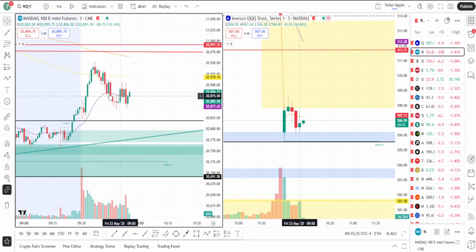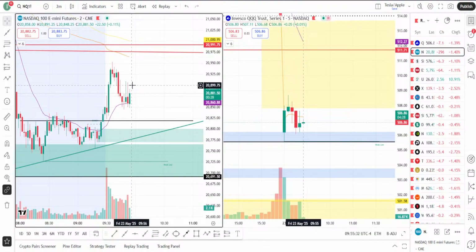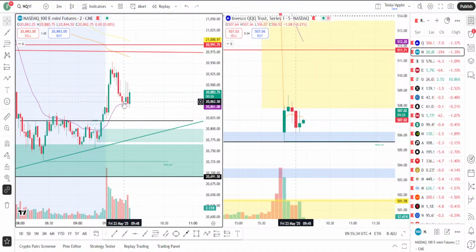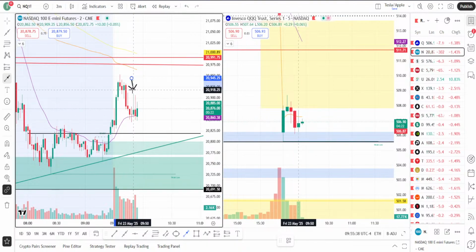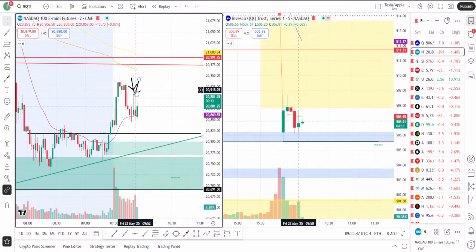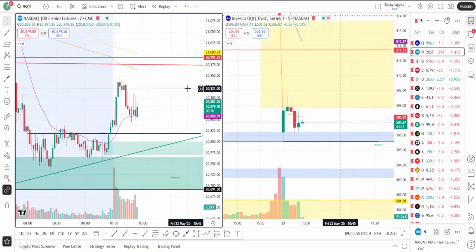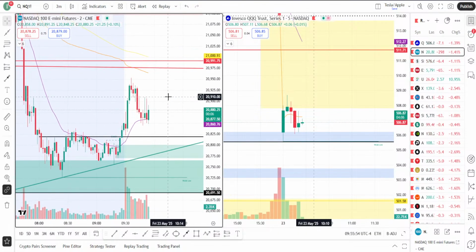Oh wow, look at that, man. That's manipulation right there, you see? Where they make it look like it's going down, you know what I mean? These last two candles right here indicating price is going down, and now it's going up. That's manipulation at its finest. Beautiful. It's perfected right there, man. Picture perfect manipulation.